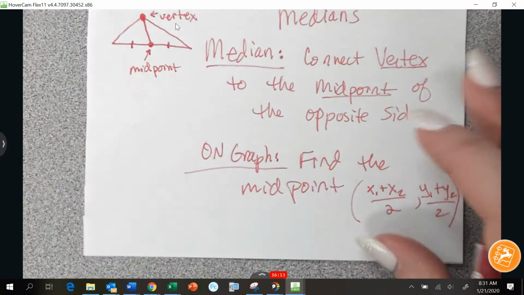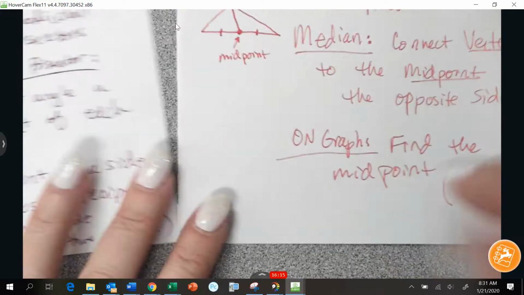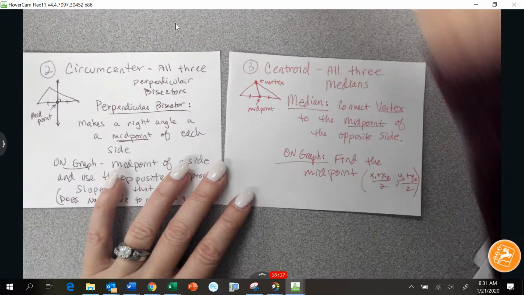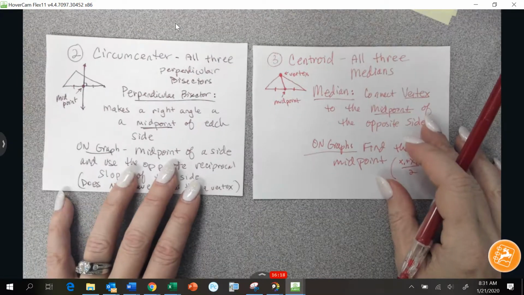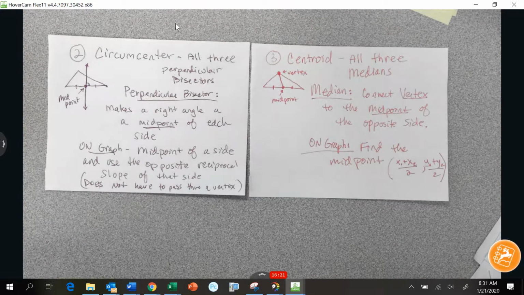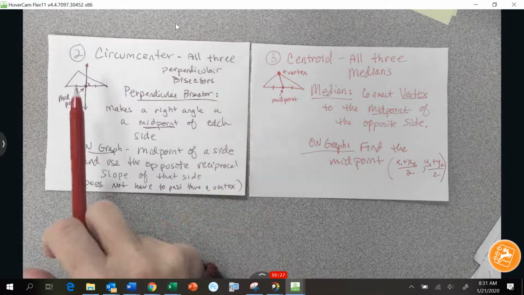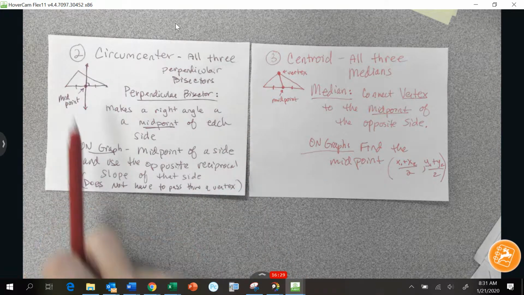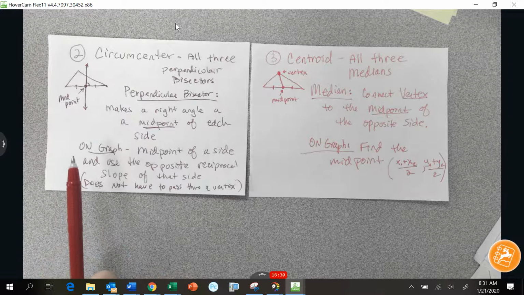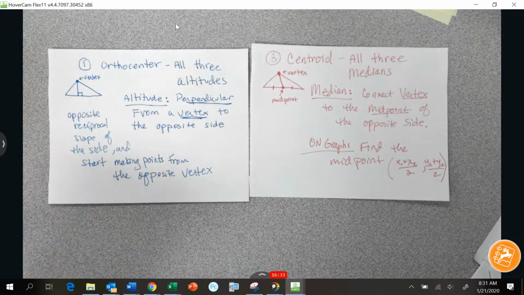How does that get confusing with maybe circumcenter? What do those have in common? Midpoint. What makes them different? One goes through the vertex, the other one perpendicular through the midpoint. How about centroid and orthocenter?